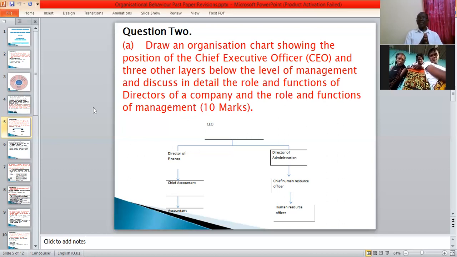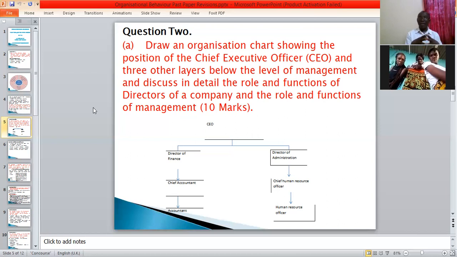Here, the first thing is he wants a diagrammatical presentation of an organization chart. Once you underline that, then you move. This organization chart should have 3 layers of operation before it reaches the chief executive.